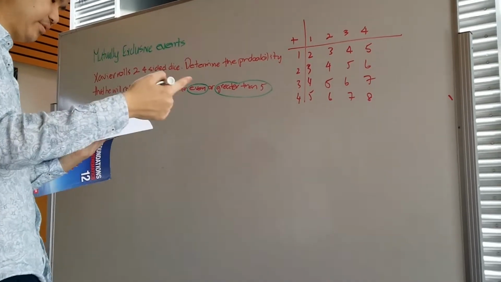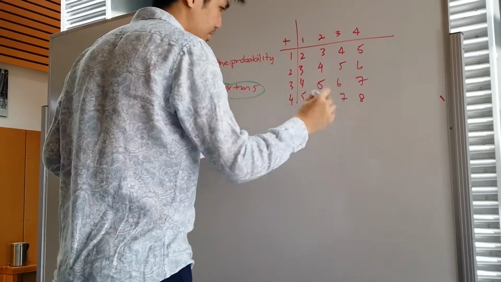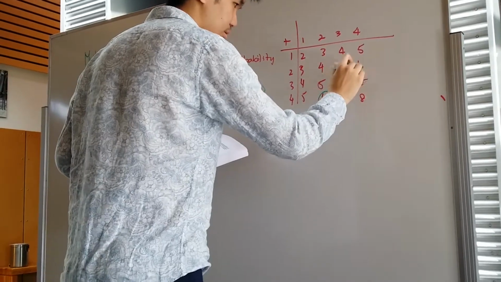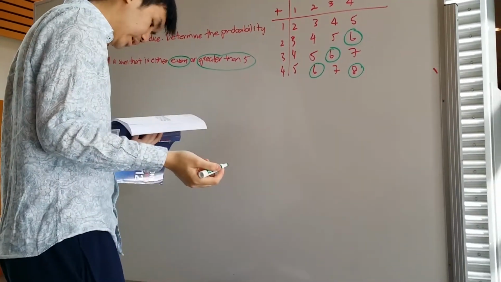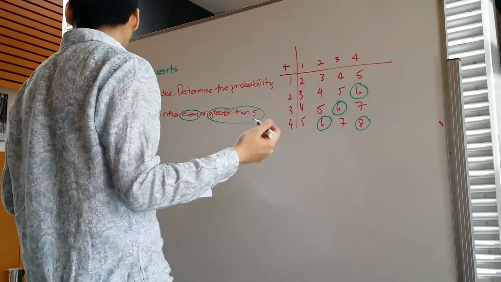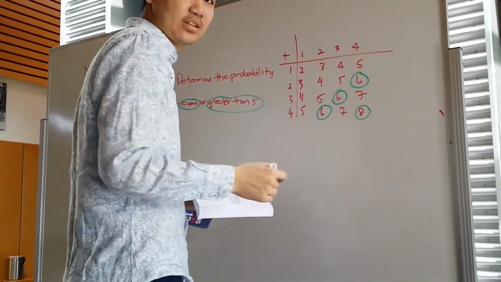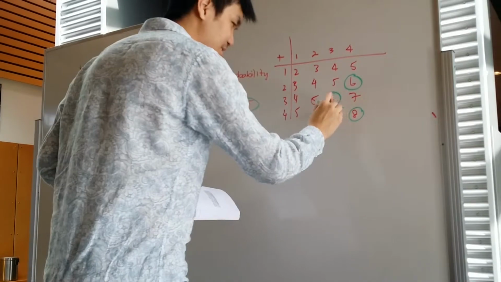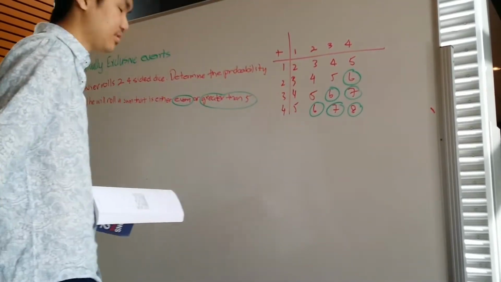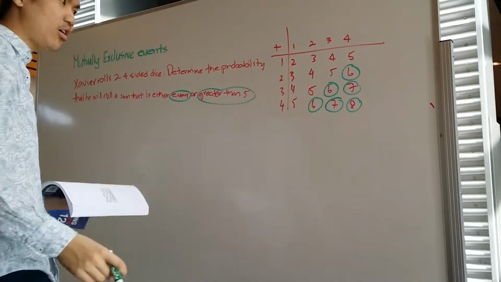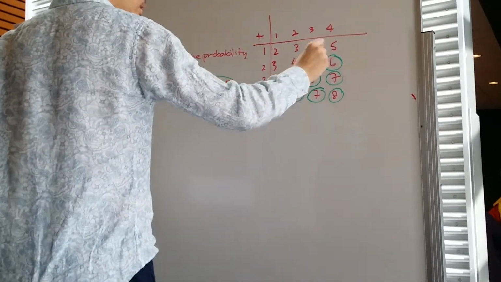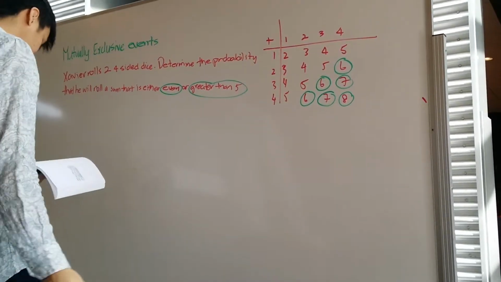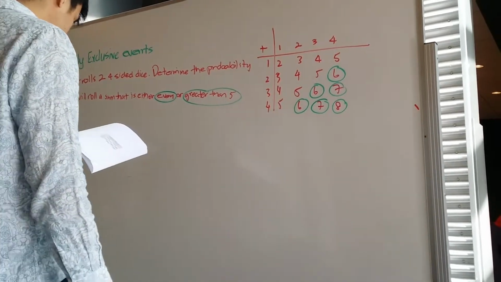Even numbers that are greater than 5, what are they? 6, 6, 6, and 8. They're all greater than 5. And odd numbers that are greater than 5 are 7 and 7.